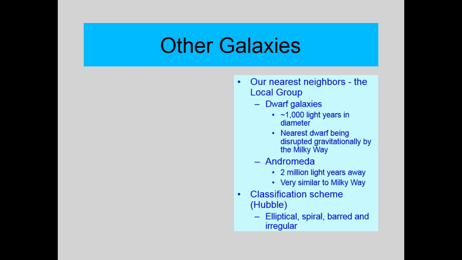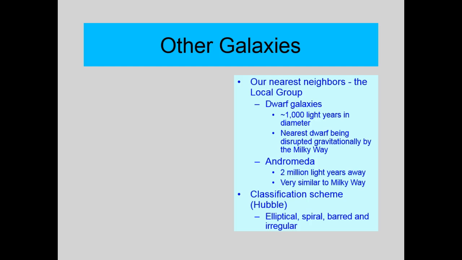Our nearest neighbor, and this is called a local group, these are some dwarf galaxies. Now, we are 100,000 light years in diameter. These are a mere 1,000 light years in diameter. So, if you put them next to us, they are 1/100th the size of us in diameter.